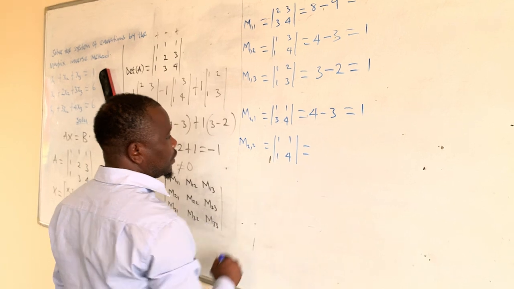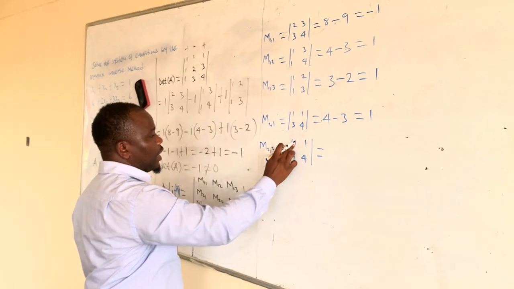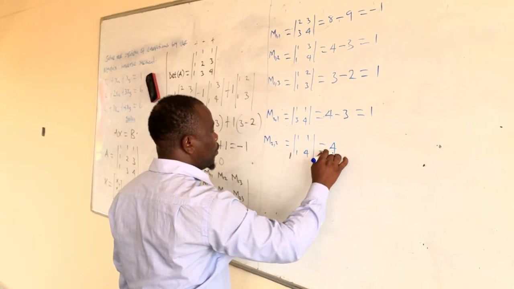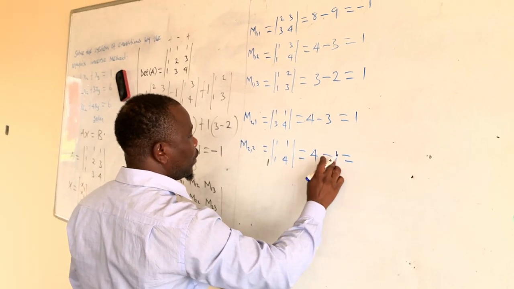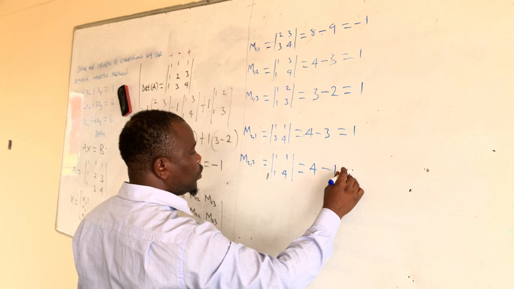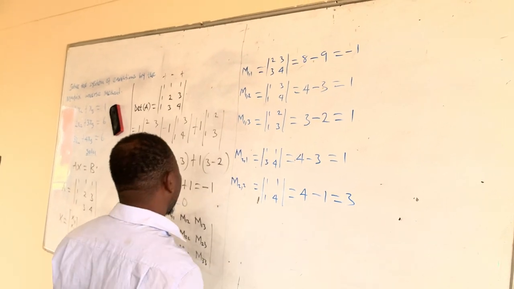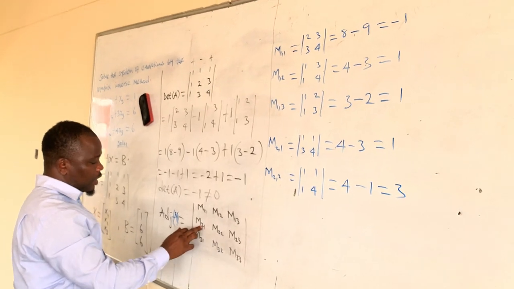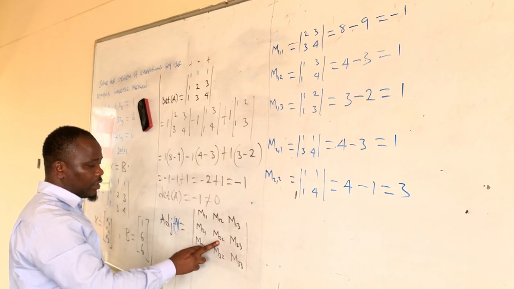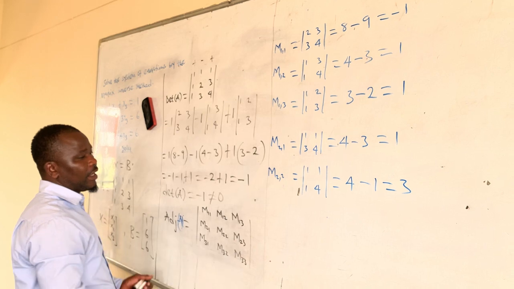This is equal to 4 times 1, which is 4, minus 1 times 1, which is 1. 4 minus 1 will give you plus 3. Okay, we are done with this guy. Note that we are done with this guy and this guy. Let us consider this guy.